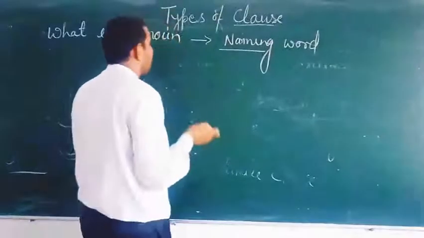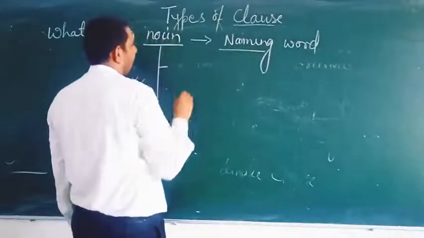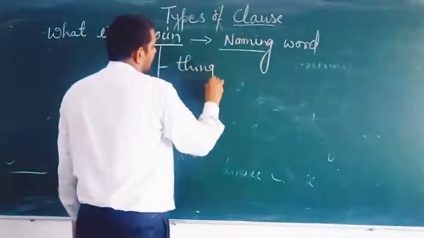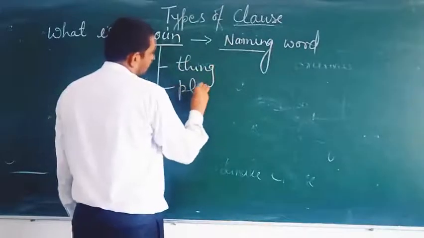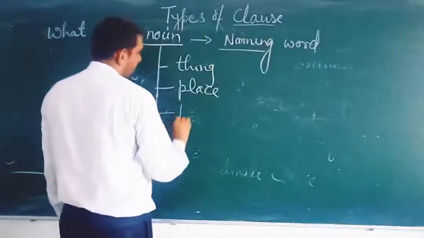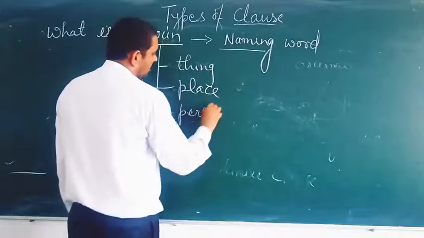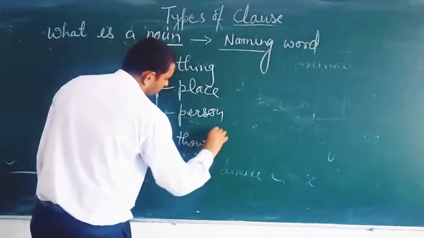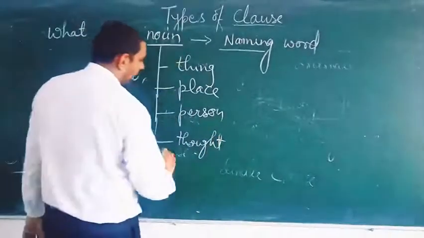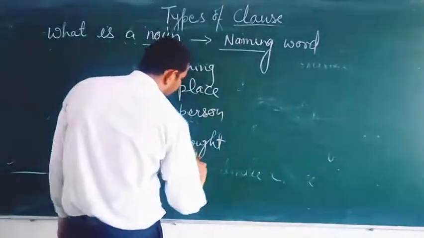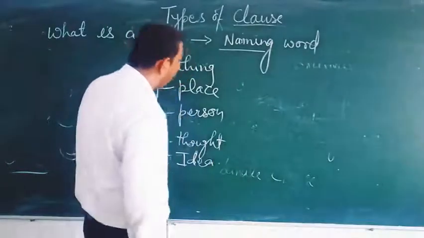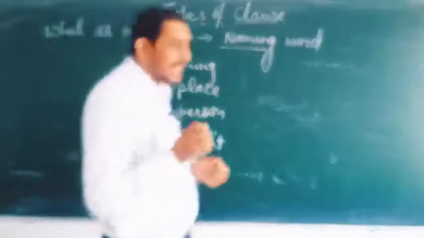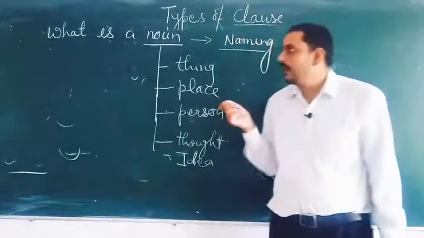Basically, in the definition of nouns, we have learned about name of thing, name of place, name of person, thought, idea. All are nouns.